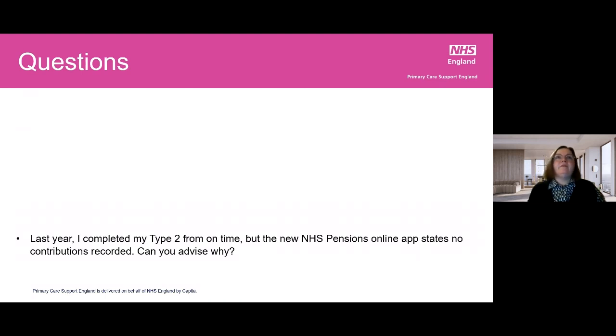For whatever reason, if the NHS pensions record couldn't be updated in a particular year, let's say 2019-20, then even although the certificates or self-assessments submitted for the years after that, 20-21 and 21-22, are absolutely fine, with no problems, and if that GP goes to PCSE online, they will see their self-assessments Type 2 forms approved for 20-21 and 21-22, because 2019-20 is missing, that's a gap in the record, and the NHS pension system doesn't allow anyone, PCSE or anyone else, to update it if there is a gap.